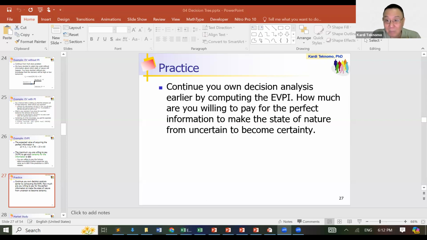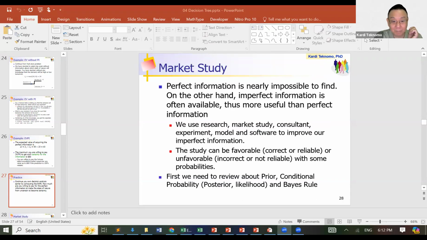So how much are you willing to pay, or how much is your client willing to pay, for some perfect information to make the state of nature from uncertain become certain? That's the meaning of EVPI. Do you need time to compute or not?